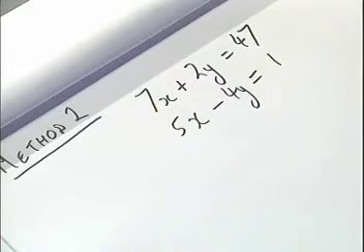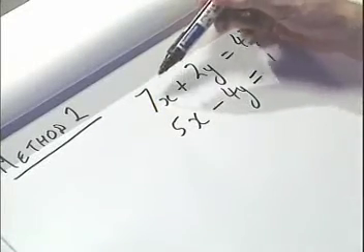Once we've got them the same, then we can either add the two equations together or subtract them according to the signs that are there. By doing that, we will get rid of that particular unknown, the one that we chose to make the coefficients numerically the same.